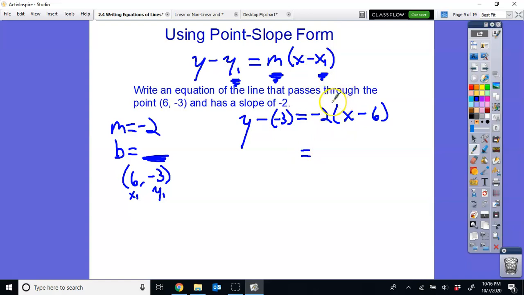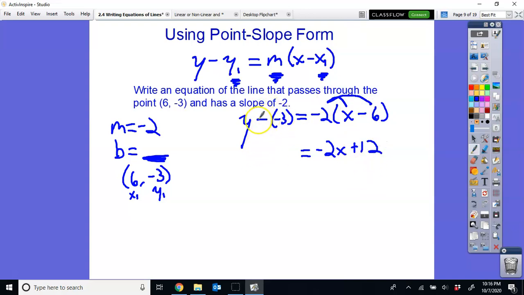We review this. -2 times x, because this is the distributive property, multiplying, gives -2x. -2 times -6 is +12.